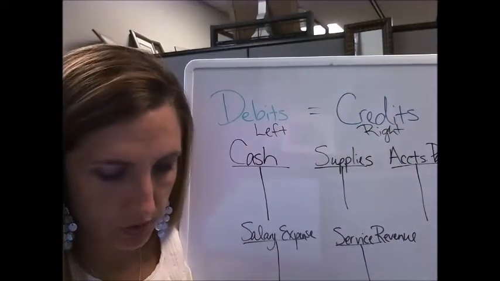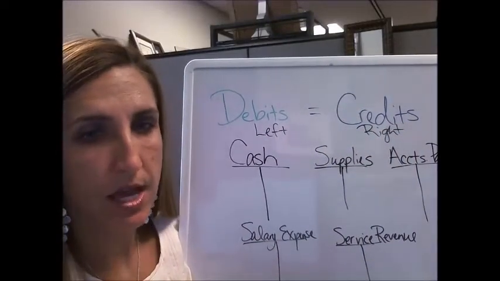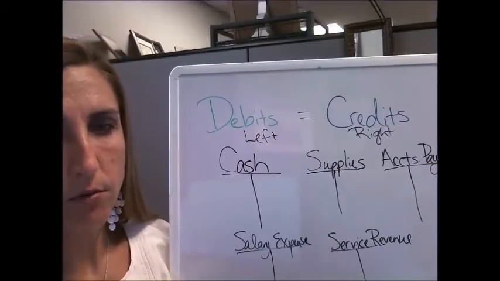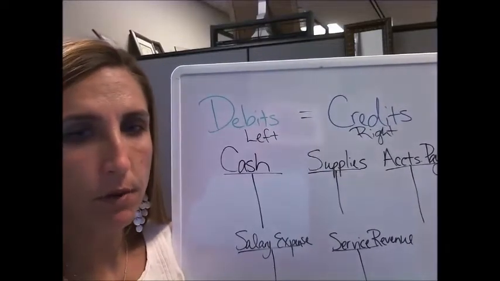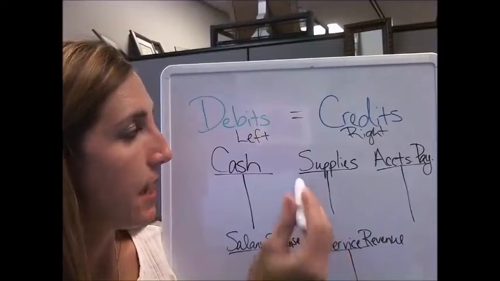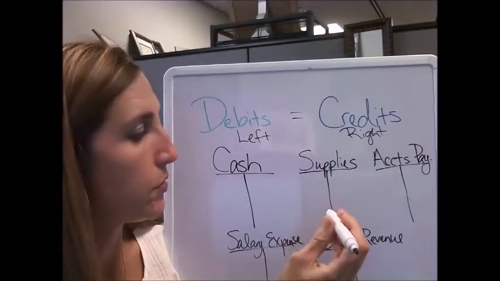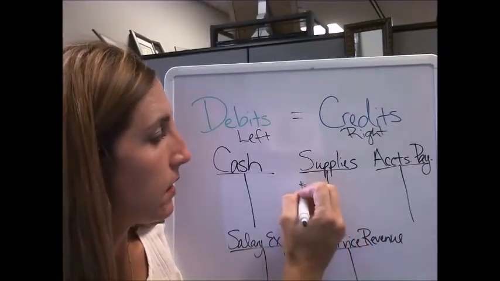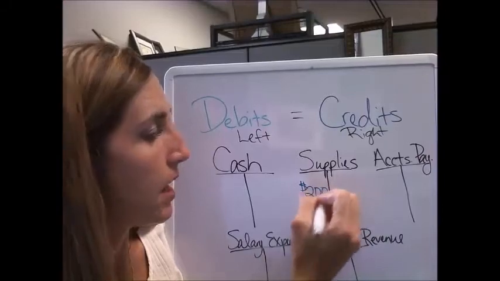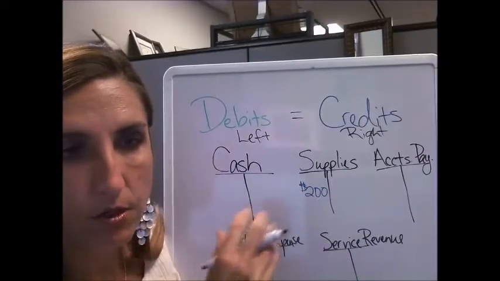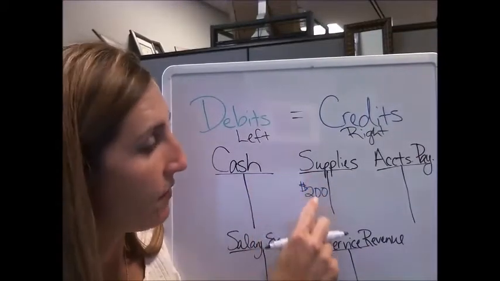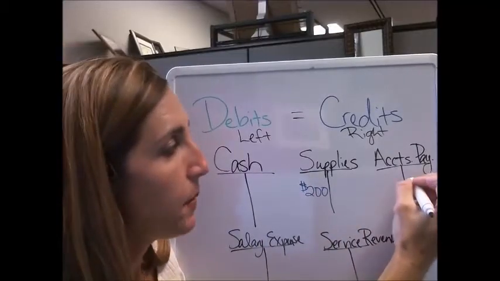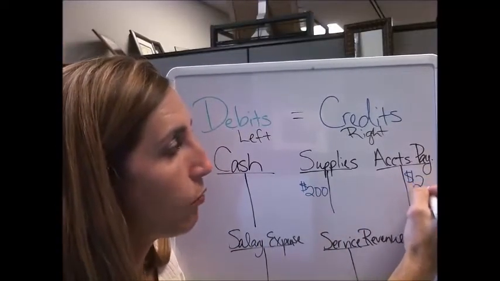So if I purchase some supplies on account, then I'm going to debit the supplies account. Supplies would be debited, would go on the left of the T, and the accounts payable would get a credit on the right.